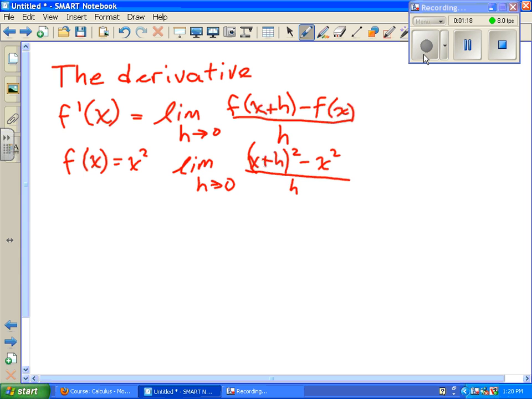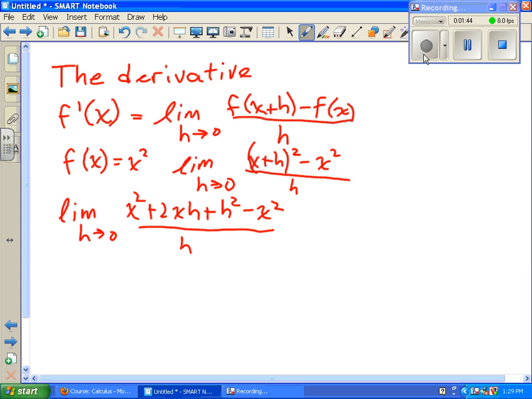So let's expand that out, multiply that out, so we get the limit as h goes to 0 of x squared plus 2xh plus h squared minus x squared over h.